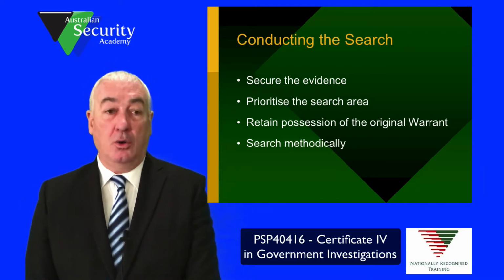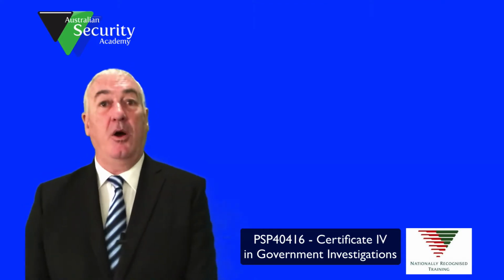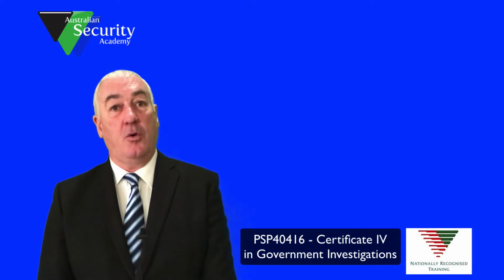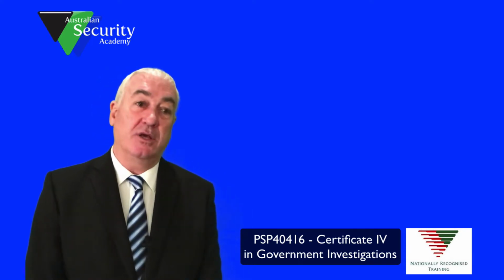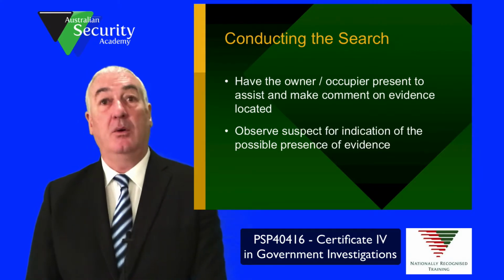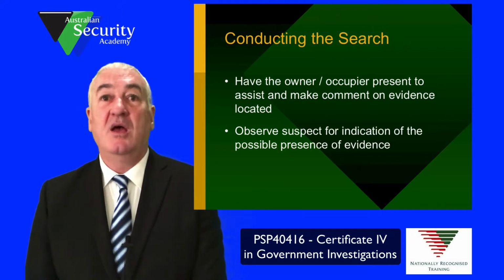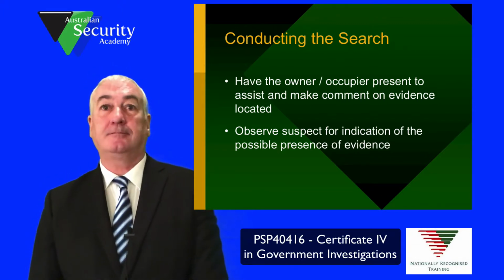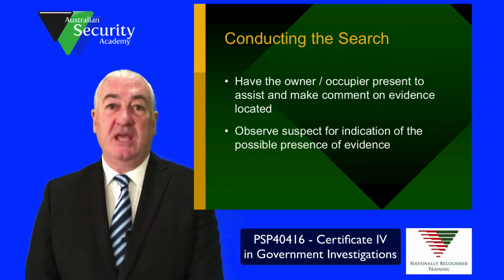The court holds the warrants in the period of time between the execution of the warrant or the court order and the court case. So leading up to the court case, you will need to go to the court, get a copy or obtain the original warrant or court order, and you take that with you when you go to court for your prosecution.